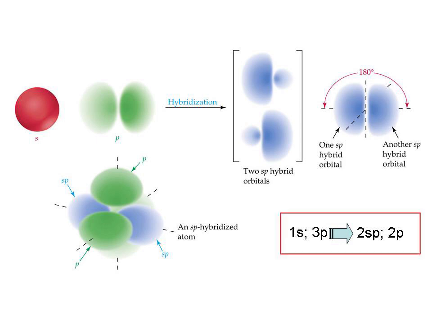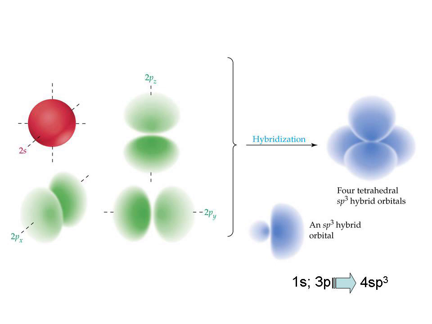Instead of 1 s and 3 p orbitals, you end up with 2 sp hybrid orbitals and 2 p orbitals, which did not change. This is called sp hybridization. There's also something called sp3 hybridization.